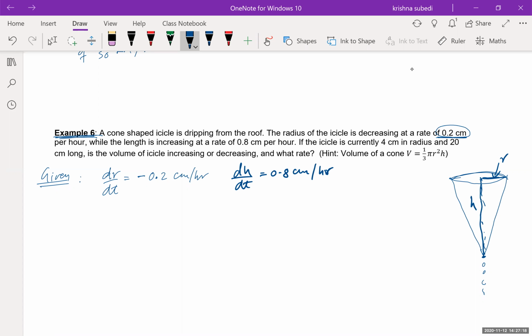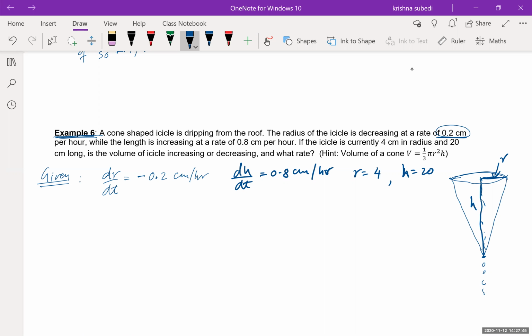That makes sense because when it is melting, the length will increase whereas the radius is decreasing. The icicle is currently 4 centimeter in radius, so r is 4 centimeter, and 20 centimeter long means h is 20 centimeter.